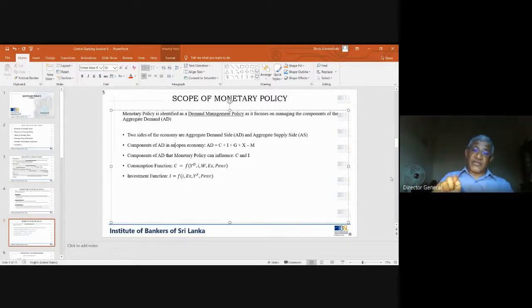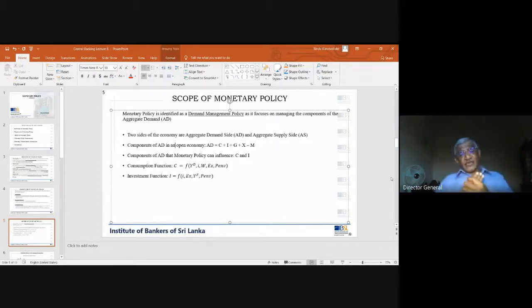We can simply say central bank can influence directly only the consumption expenditure by households and investment expenditure by firms. Those 2 components are in the aggregate demand. Since central bank can influence C and I through monetary policy, central bank policy is considered as demand management policy. That's more than enough. Maybe few words, but very rich sentence, directly to the point.